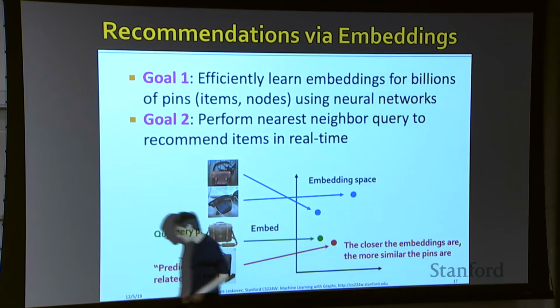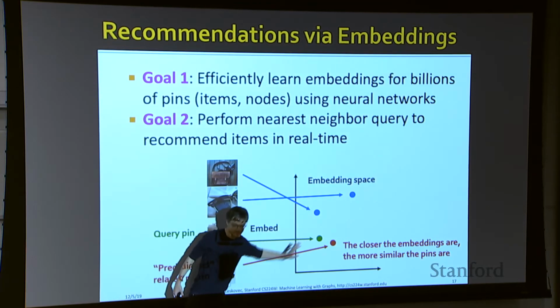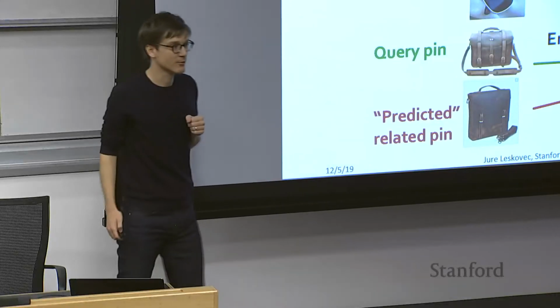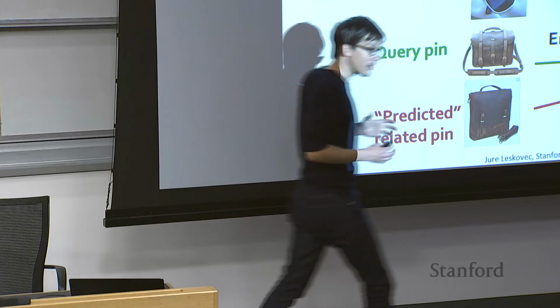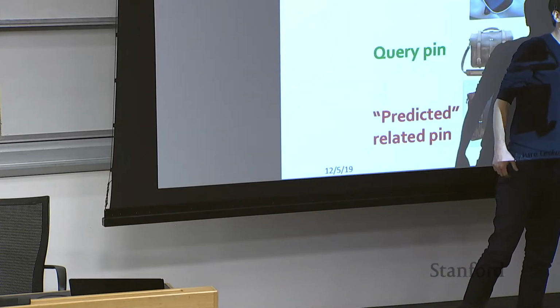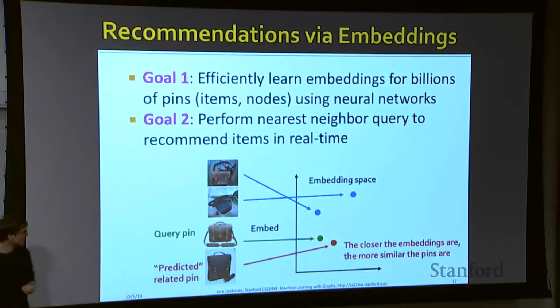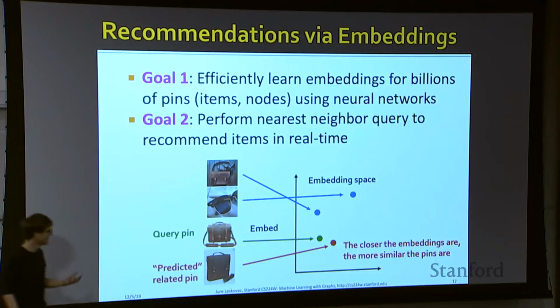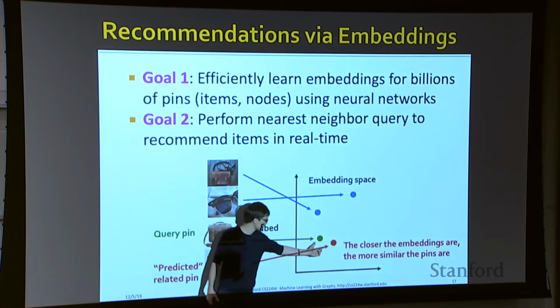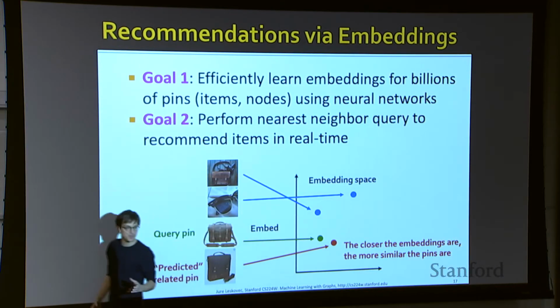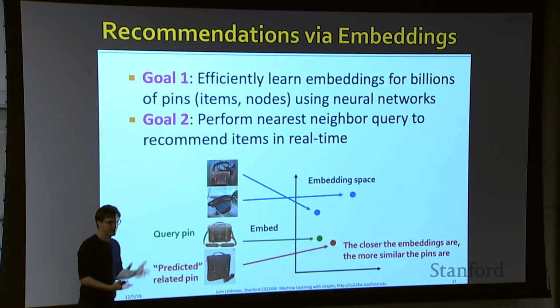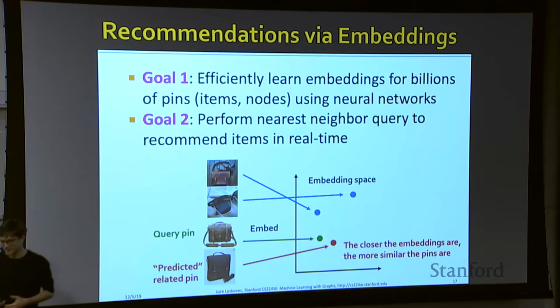So if you want to know how to do this super fast, you should take my class next quarter. It's a method called locality-sensitive hashing that allows you to do this in constant time. And that's what powers everything, right? You need this kind of nearest neighbor search in high dimensions whenever you are doing anything with embeddings, and without that, embeddings are useless. So you really need that, okay?